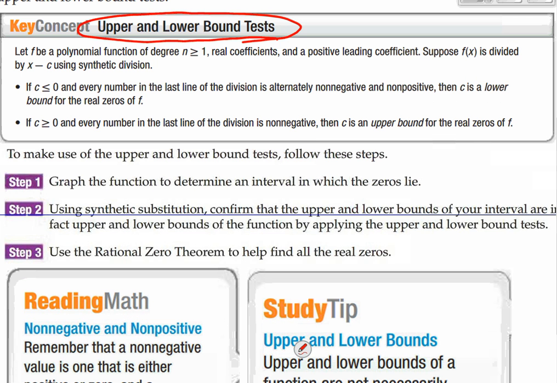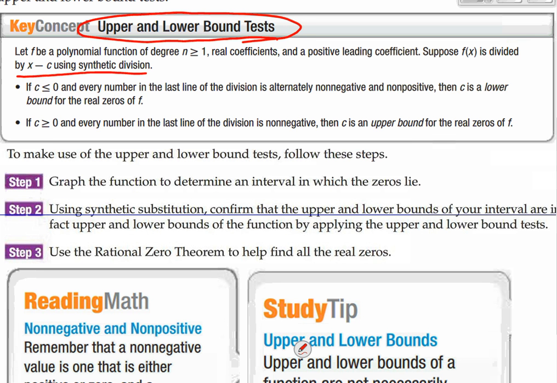So this is a polynomial with a positive leading coefficient, and f of x is divided by x minus c using synthetic division. The lower bound test works if c is less than or equal to 0, so it has to be a negative number that we're trying.